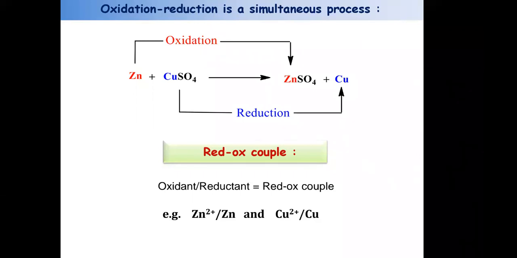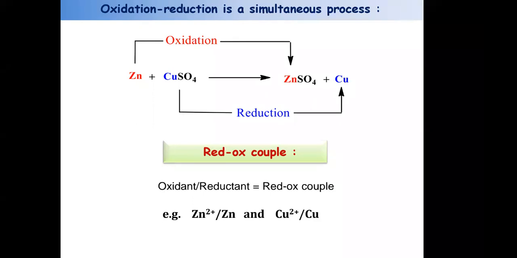In this reaction, zinc to zinc 2 plus formation is an example of oxidation, whereas copper 2 plus to copper conversion is an example of reduction. So here we have seen that in an oxidation reduction reaction, oxidation and reduction always take place simultaneously.